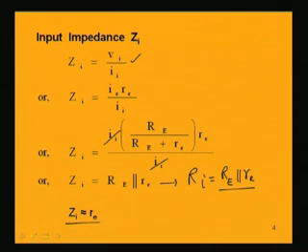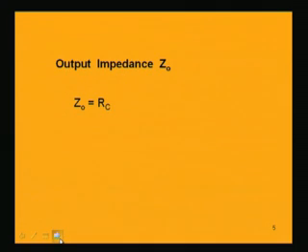Even numerically we can do and see it, but this is just to bring out the fact that the input impedance, or input resistance, of the common base transistor is very small. It is because it is almost equal to small re, and re we know is the emitter resistance in the transistor model, which has a value of around some ohms. So, input resistance is small in a common base transistor.